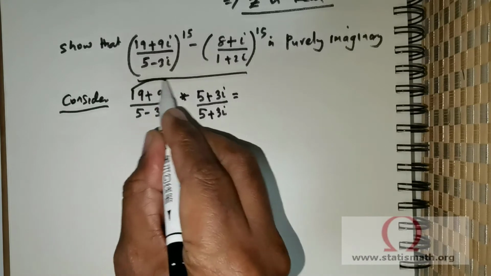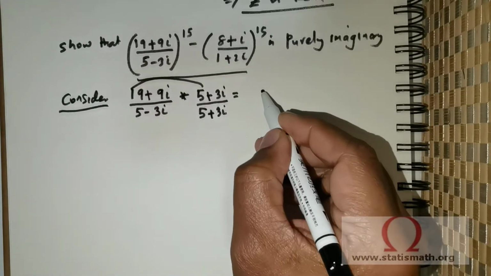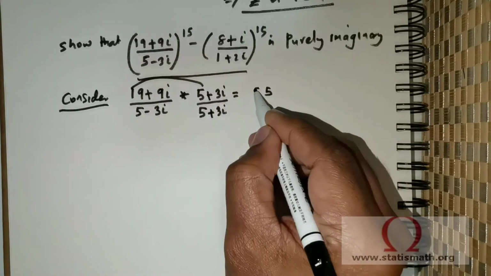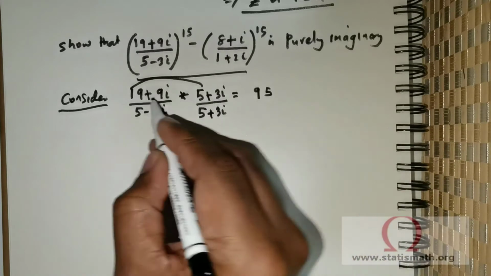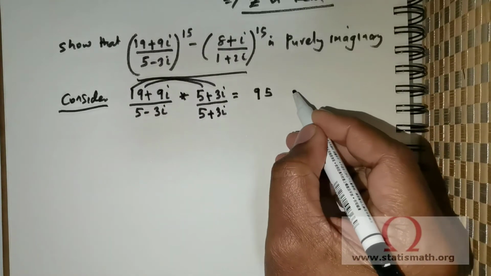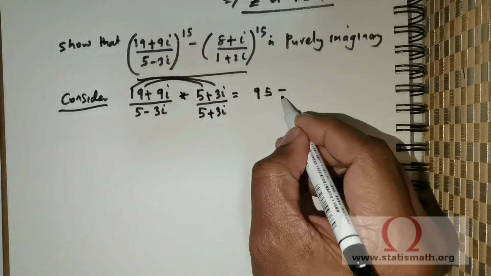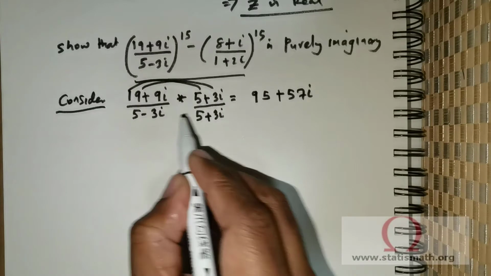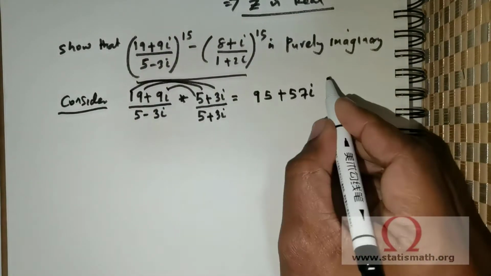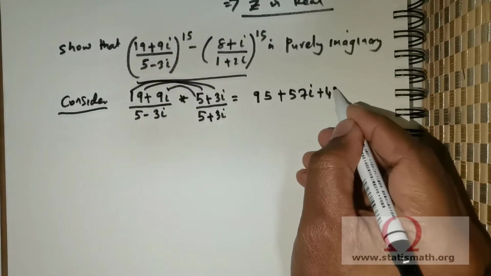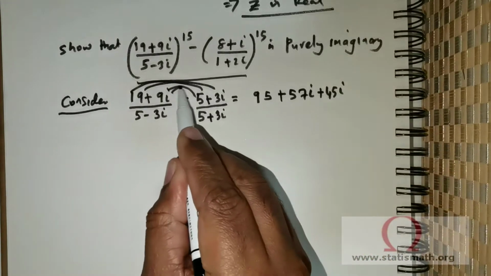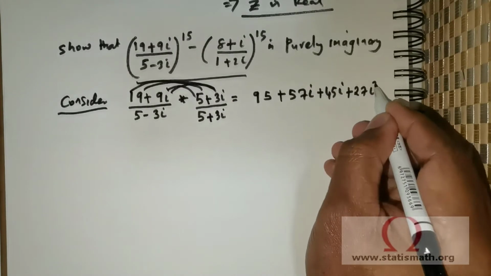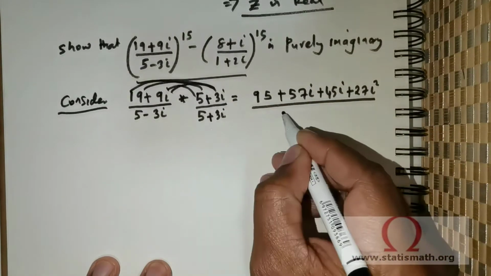Now this is going to be 19 times 5, which is 95. 19 times 3 is 57i. And then 9i times 5 is 45i. And then 9i times −3i is going to be −27i squared.